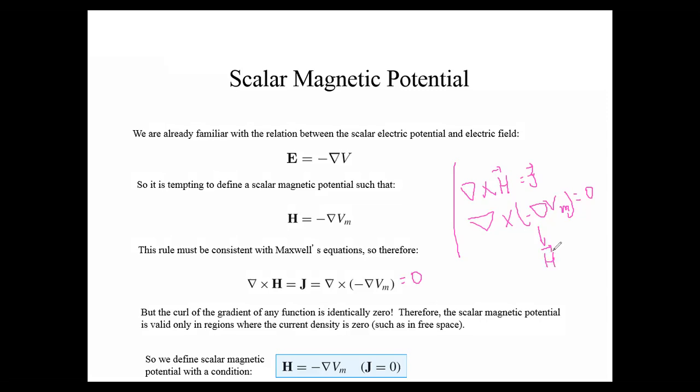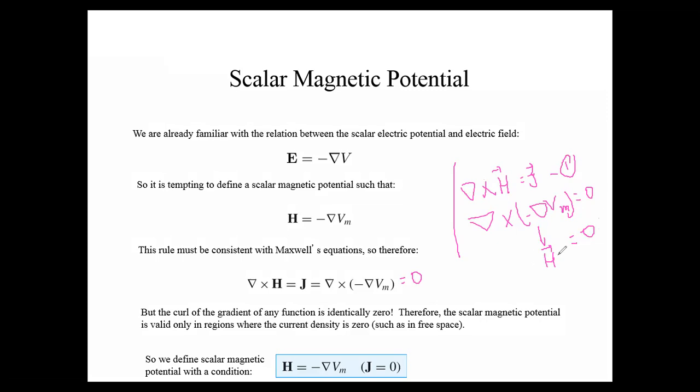So in equation 1, it is del cross H is J. In equation 2, you are writing del cross H is 0. So the left hand side is the same, so should the right hand side be? Yes or no? So this is the ambiguity. This is the limitation: which one is true?